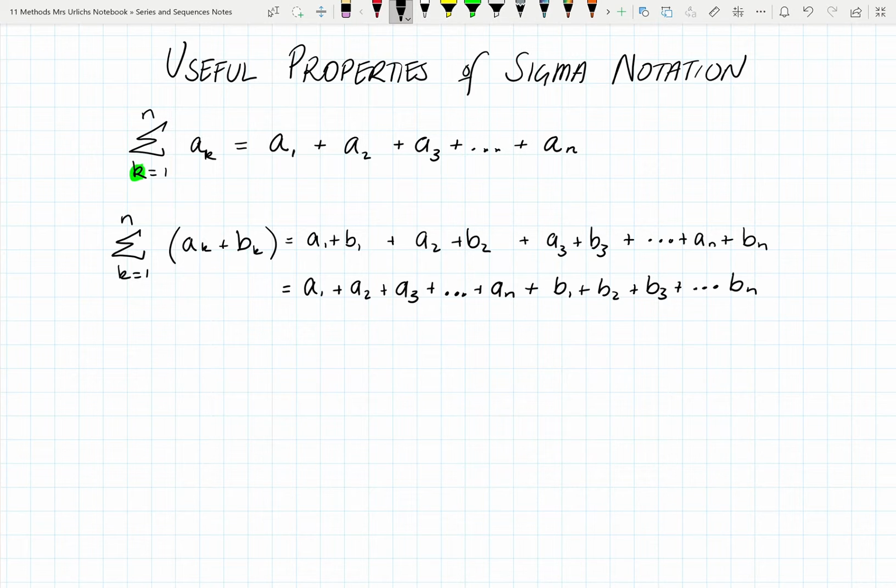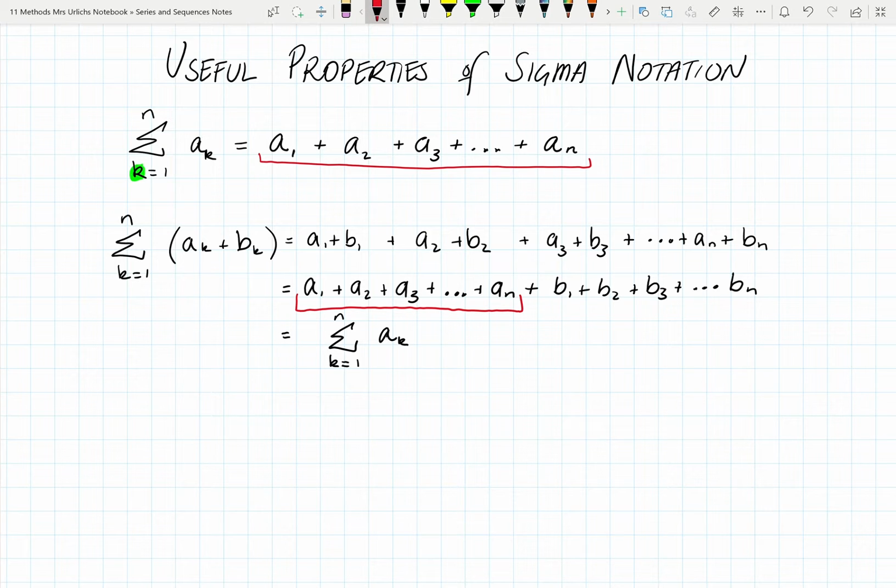And you should see that this a1 plus a2 plus a3 all the way through to an is actually equal to this. So we can make the substitution that all of these a terms are in actual fact the sum from k equals 1 to n of ak.